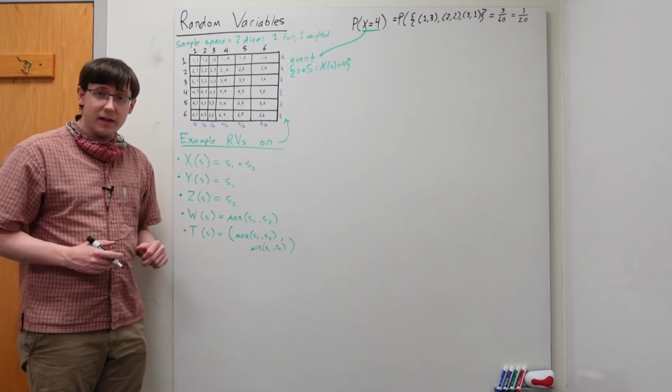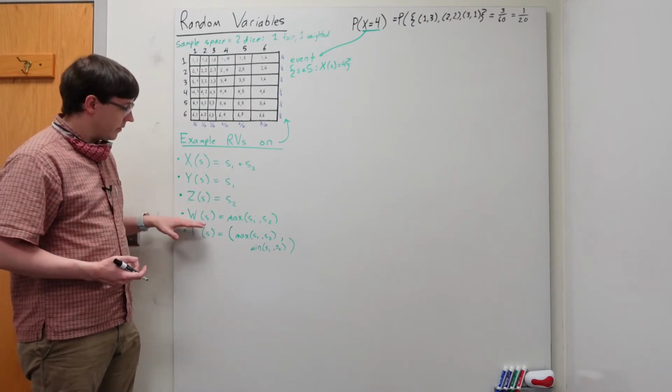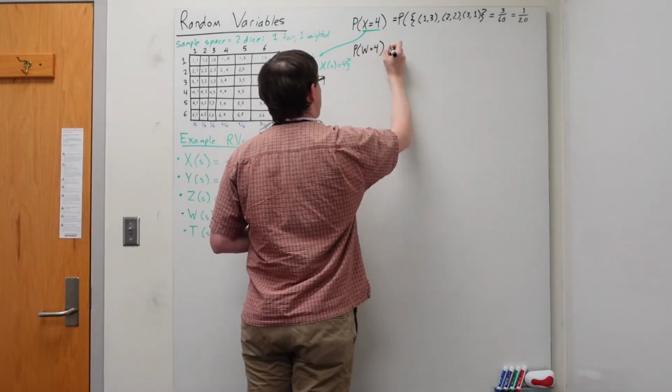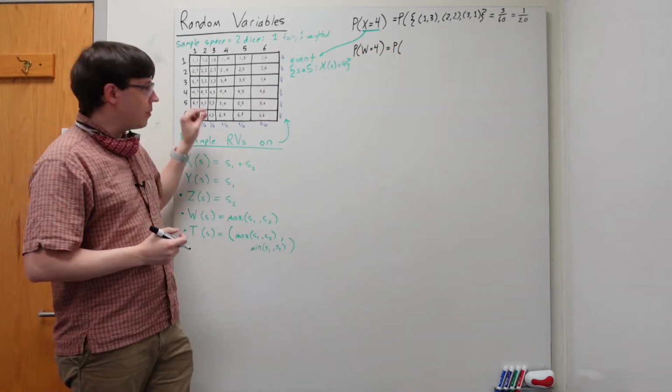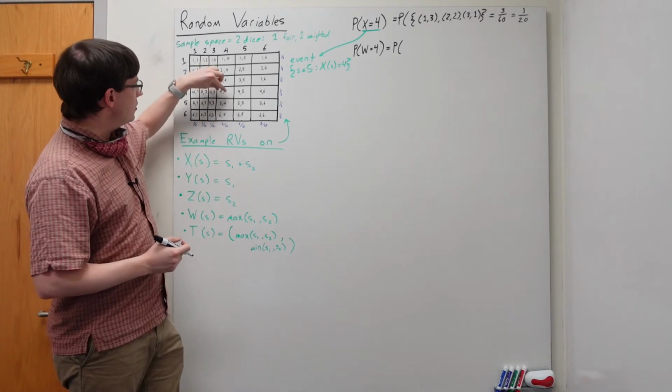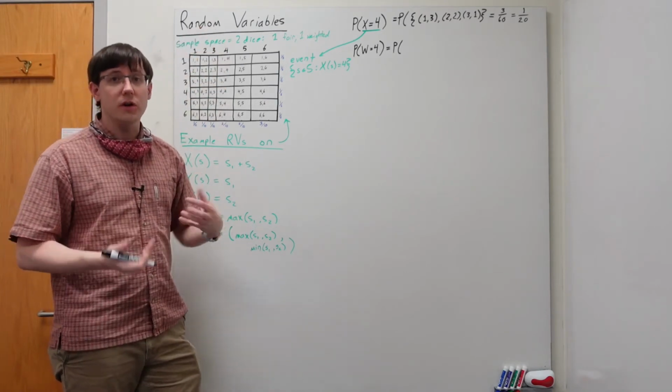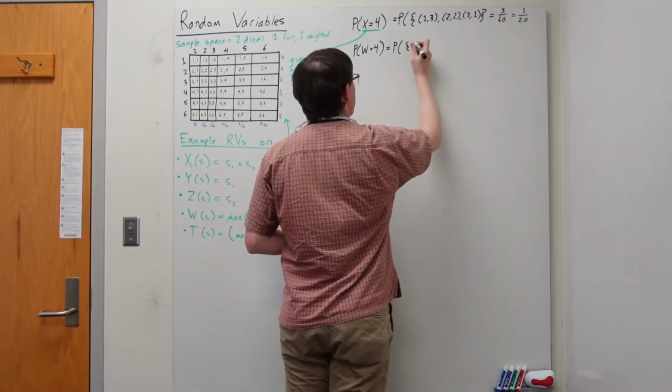If instead we calculate the probability that the random variable W takes on the value 4, now we're calculating the probability of the backwards L-shaped event that included all of the outcomes where the larger of the two rolls was 4.